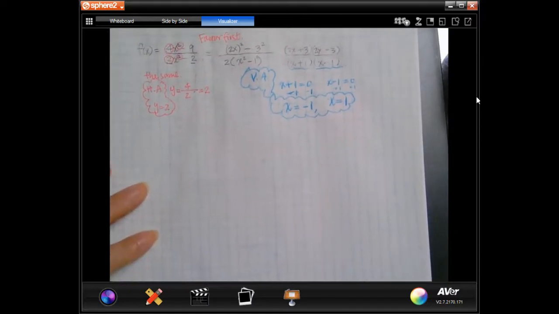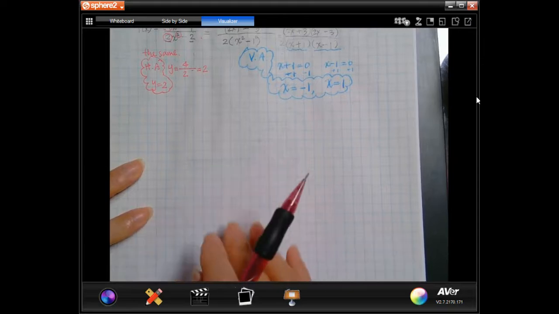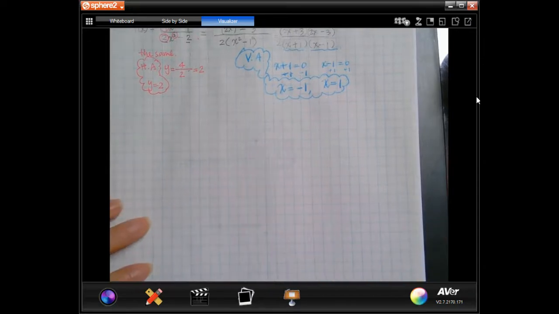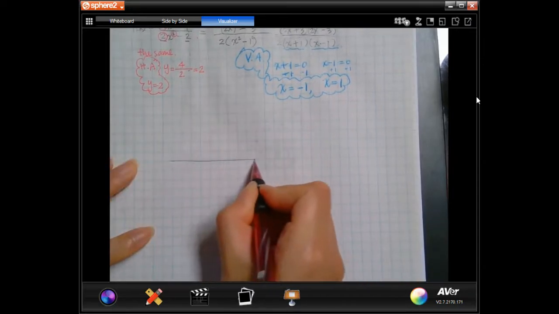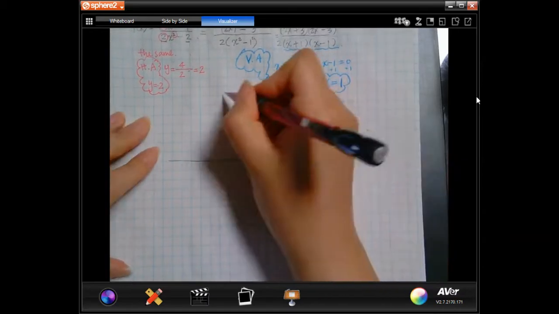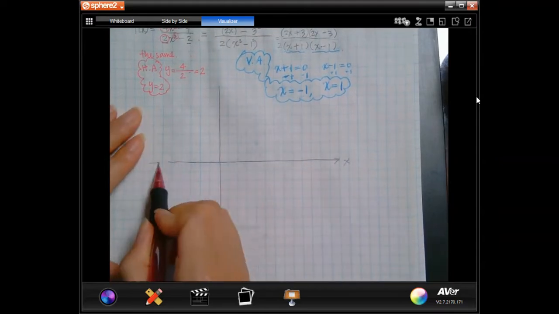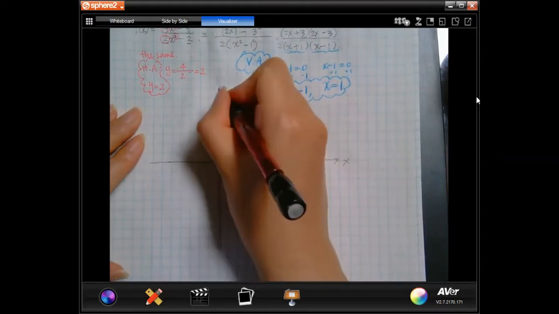Okay, then now let's see what happens if we have multiple vertical asymptotes. So then x-axis and y-axis here.